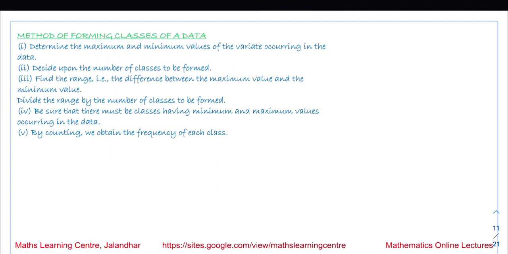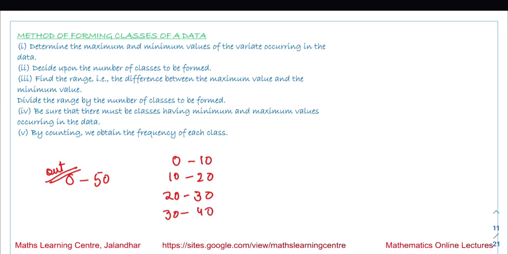Next, we have to decide upon the number of classes to be formed. As we have discussed earlier, if marks out of 50 are given to us, it depends on how many classes we want to form. Suppose I form the classes like this: 0 to 10, 10 to 20, 20 to 30, 30 to 40, 40 to 50.